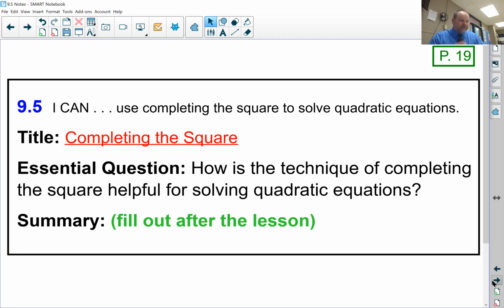However, there are some really interesting things that you can do with completing the square, including writing equations, which we actually won't do in this course, but will show up in future courses.